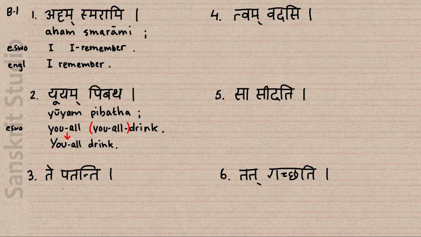Okay, number 3 then. Te patanti. And transliteration. Te patanti. So it's about patati. It's about falling. And here te, we haven't seen more te's so far, but there are more.